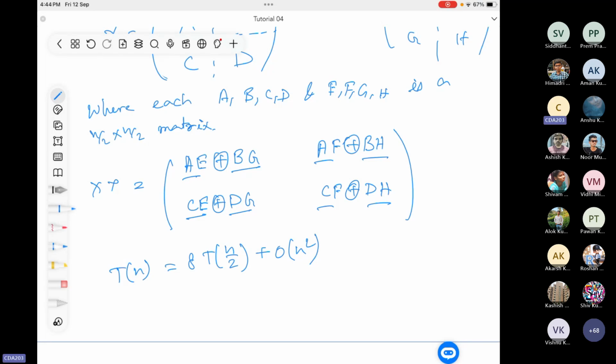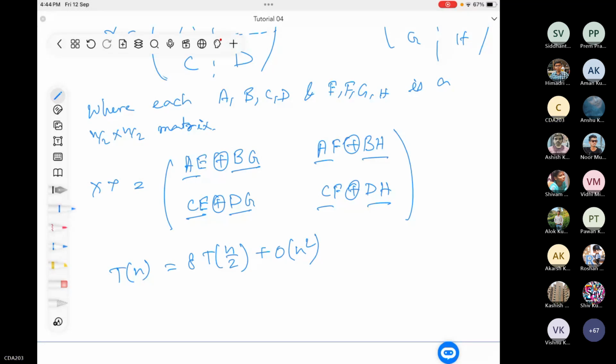These additions are basically matrix additions.